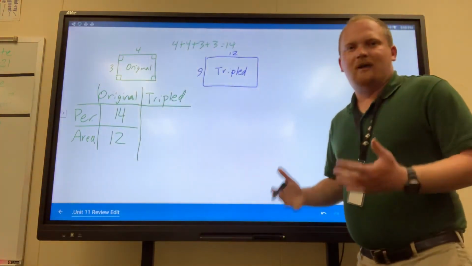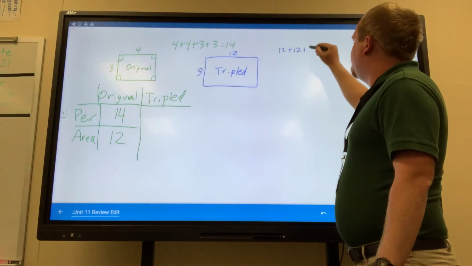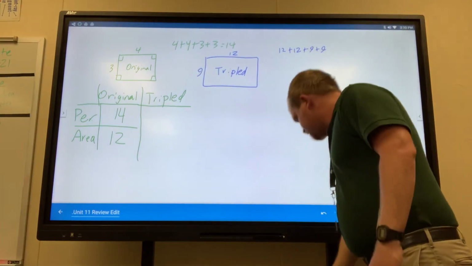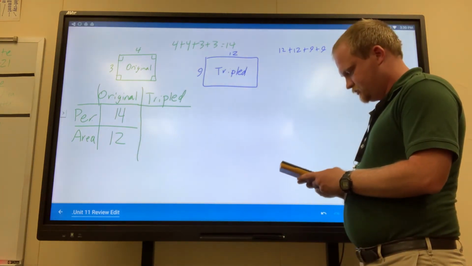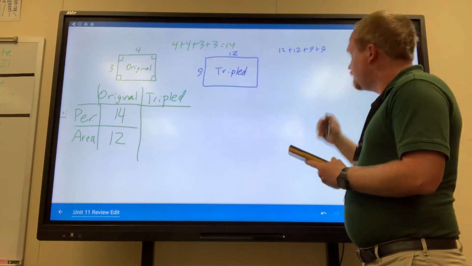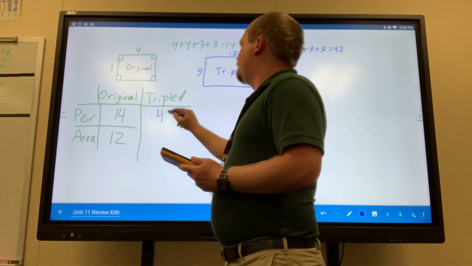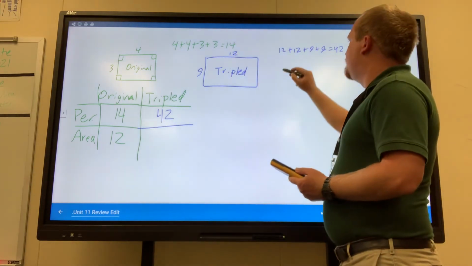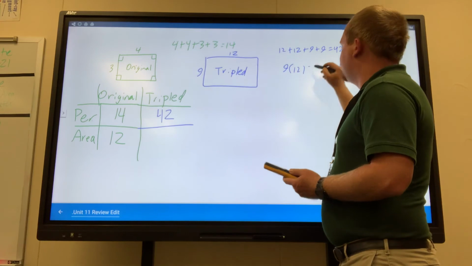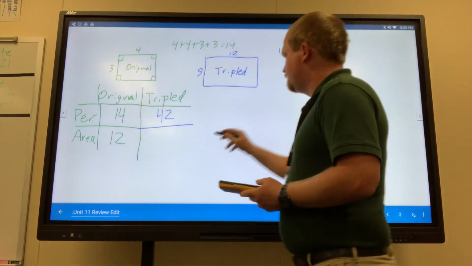So, if I want to find the perimeter, add 12 plus 12 plus 9 plus 9, and that's going to give me 42. So my perimeter is 42. Now to find my area, I just got to do 9 times 12, which is 108.